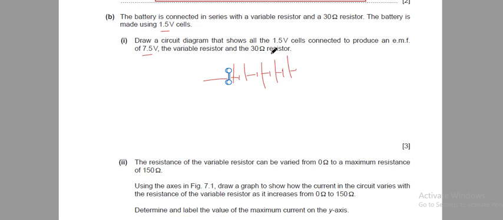And the variable resistor and the 30 ohm resistor, all of them are in series. So we will draw it like this. This is the 30 ohm one, and this is the variable resistor. Okay.